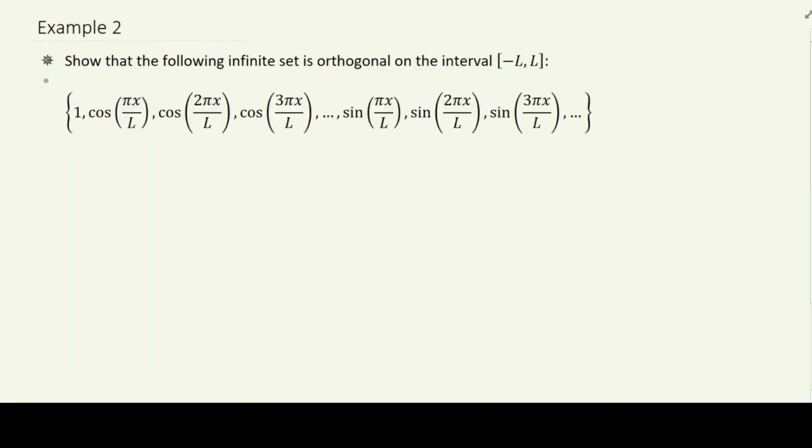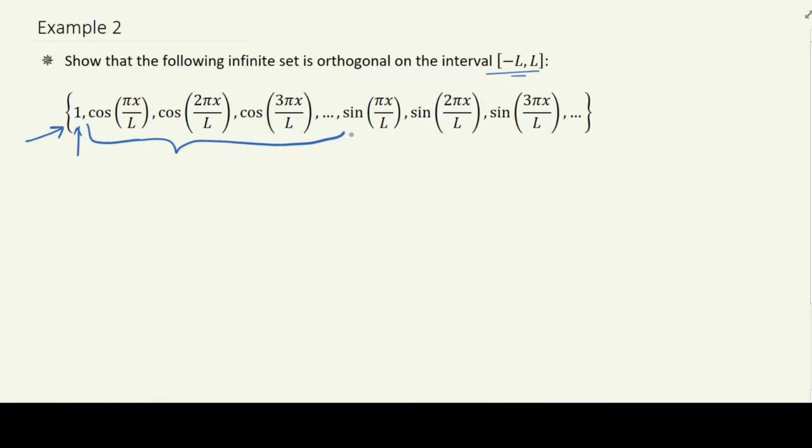Now let's look at another example which is a little bit more complex. We have this infinite set shown here, and we want to prove that this infinite set is orthogonal on the interval minus L to L. So we have one function here, which is just 1, and then we have an infinite number of functions here: cosine pi x over L, cosine 2 pi x over L, cosine 3 pi x over L, and so on and so forth.